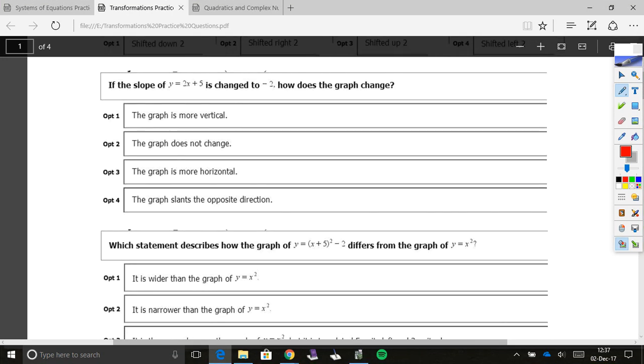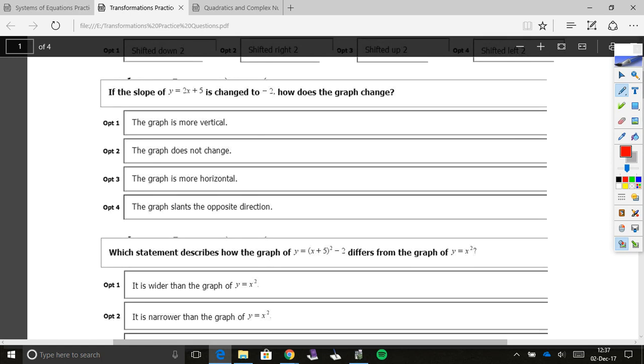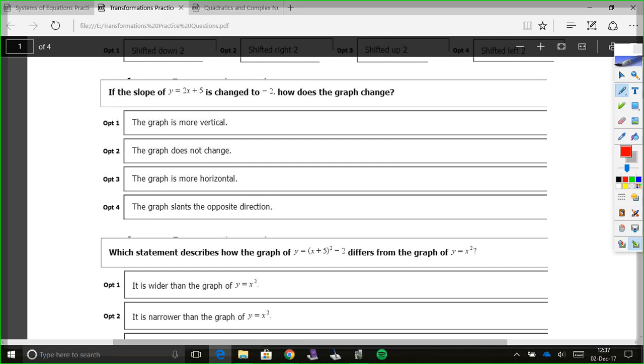All right, so let's go ahead and use a calculator. Let me also write what this means in terms of how you plug this into your calculator. The original line is y equals 2x plus 5. But if we change the slope to -2, how does the graph change? Which means we change it to y equals -2x plus 5.